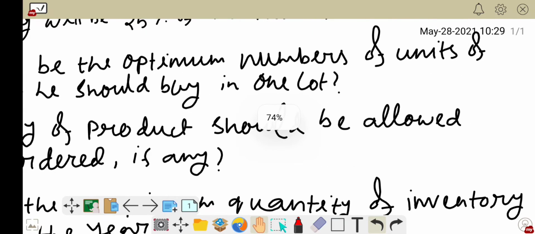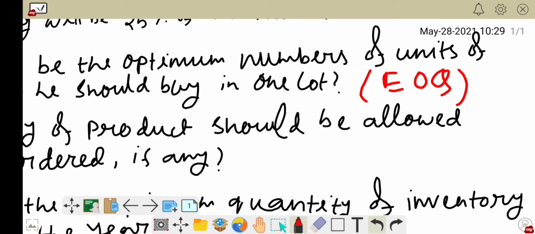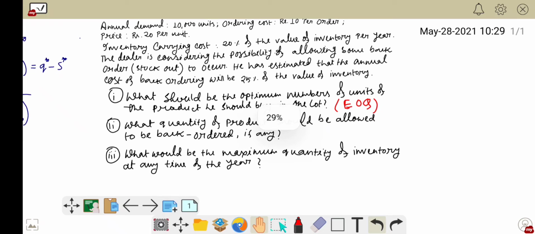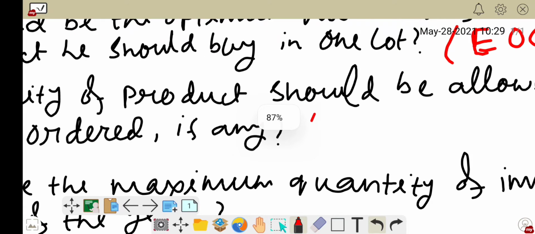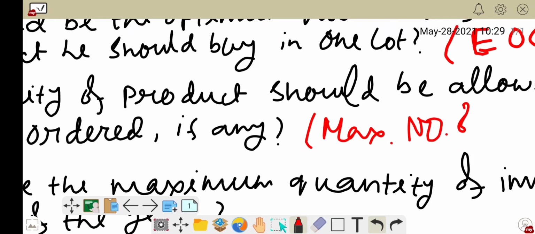So that means we have to calculate EOQ under shortage allowed method. Number two, what quantity of product should be allowed to be back orders. So this is the calculation of max number of back order.